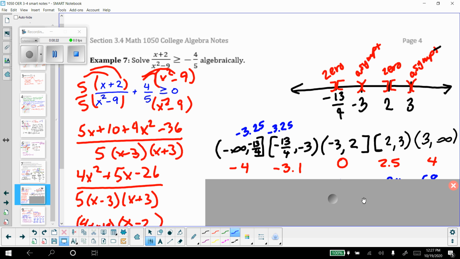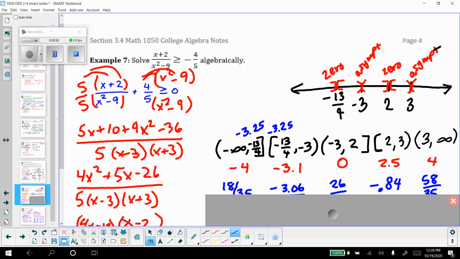And I chose negative 3.1 in this interval because it's smaller than negative 3 but bigger than negative 3.25. And I chose 0 in this interval because 0 is a wonderful number to use wherever it fits, unless 0 is actually one of your critical values. And then here we've got 2.5 between our 2 and 3. And then just beyond 3, I chose the number 4.